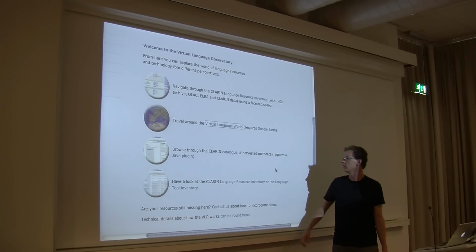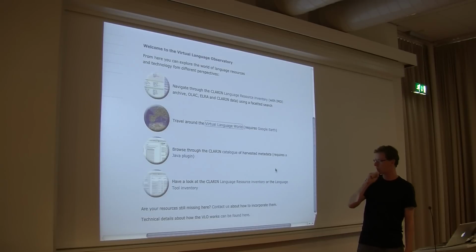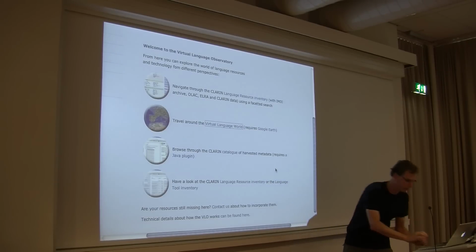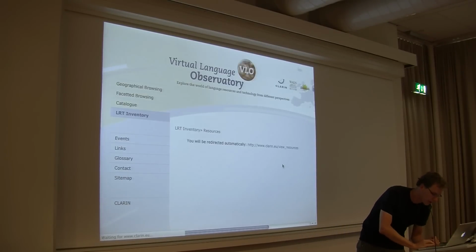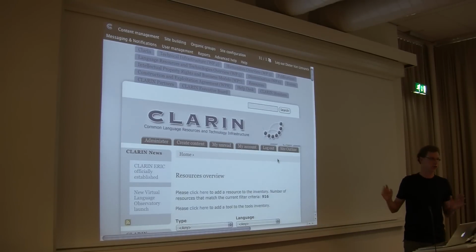As said, the other two things here are at this point less relevant, and certainly in this context. The most important thing to say about the language resource inventory is that this is a kind of fallback solution.